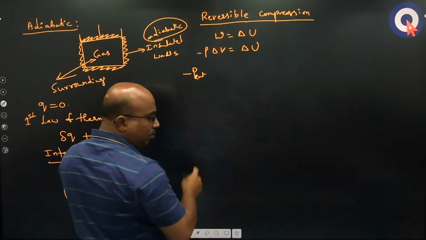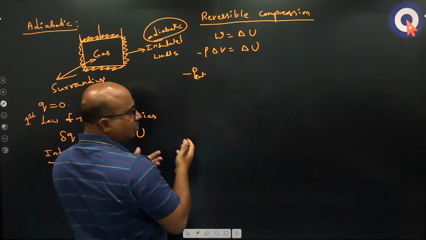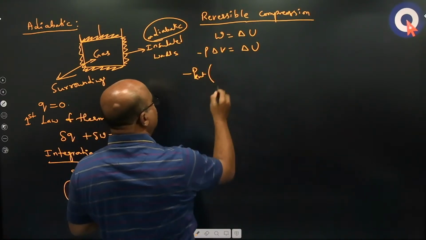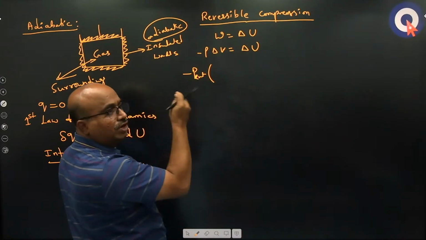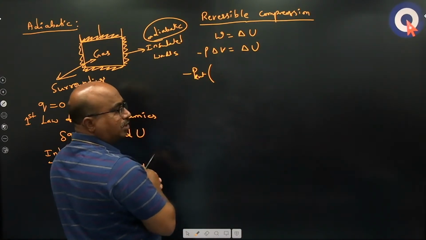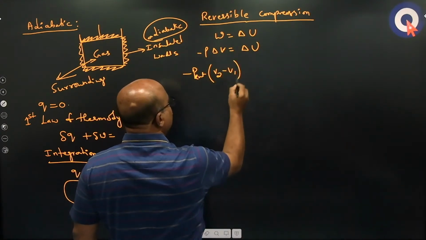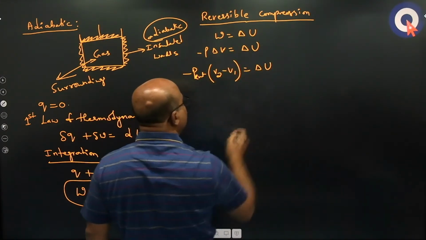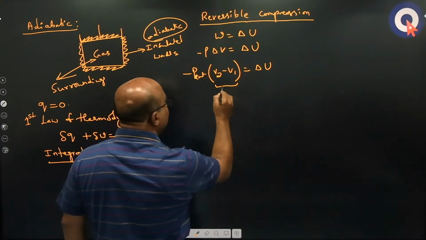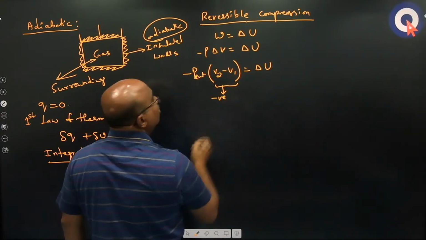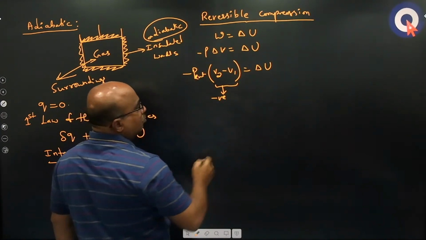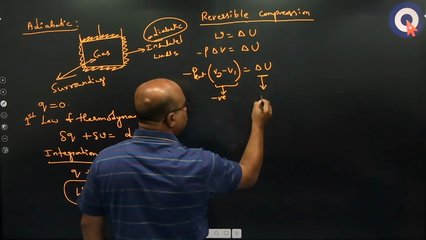Now it is P2, what we write as final external pressure, because the gas pressure also finally becomes only P2 or external pressure. So minus P2 times (V2 minus V1) is equal to delta U, but this one will be negative during the compression. So we say this will be positive.